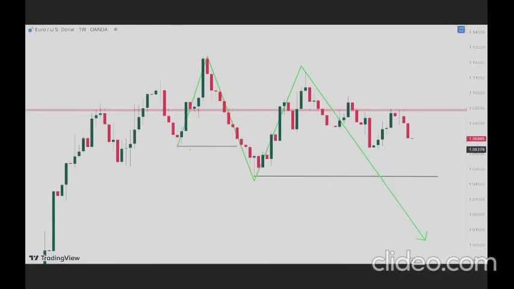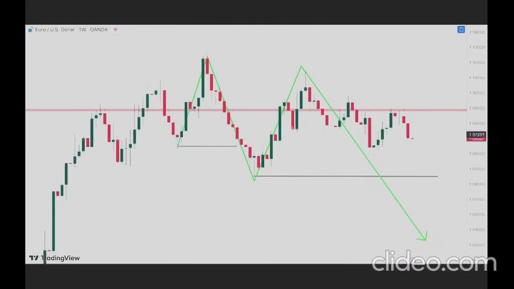The market managed to break this, then we are expecting the downfall of this market.